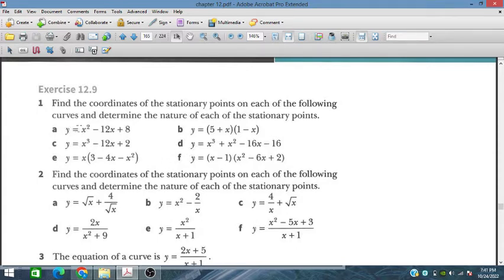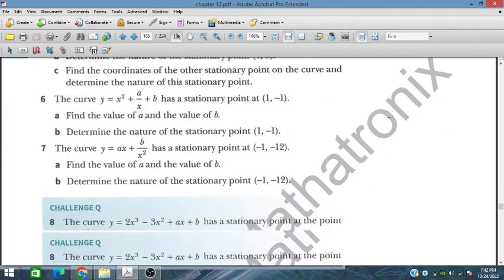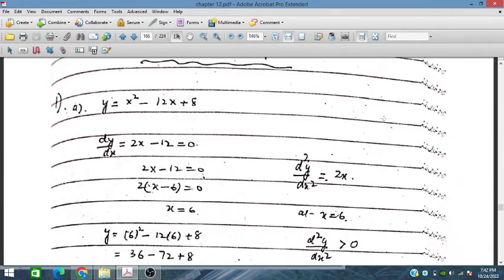Here y is equal to x square minus 12x. Take the first derivative, and this gives 2x minus 12, equal to 0.